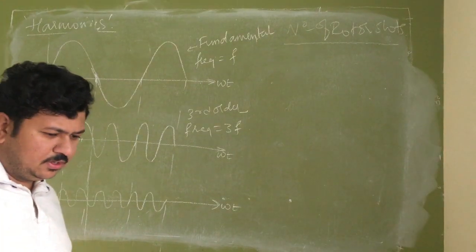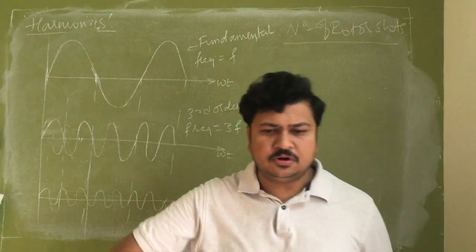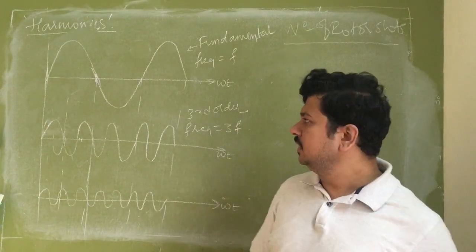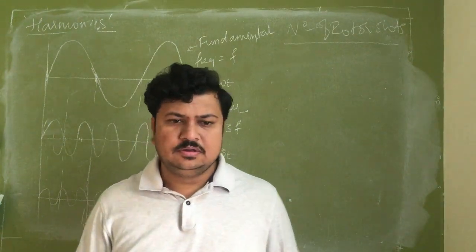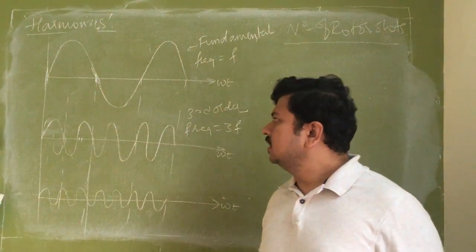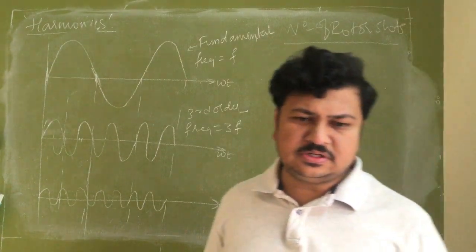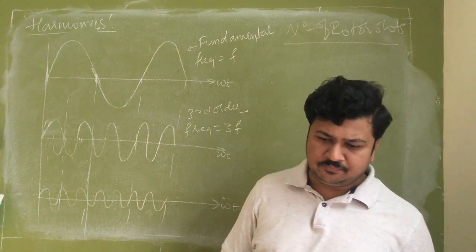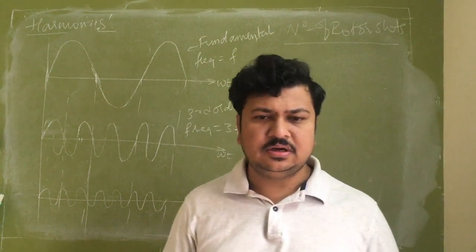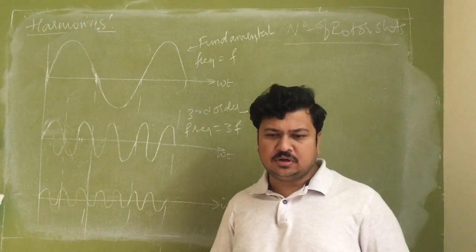Briefly, I told yesterday that when I have to select the number of rotor slots for a cage rotor, I should be a little bit alert that certain selection of number of slots, or certain combination of slots of stator and rotor, will result in undesirable behavior of the rotor.